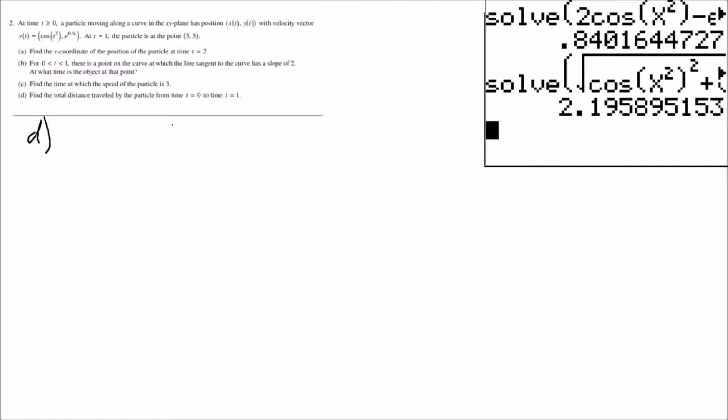So you can't just find the derivative of this and the derivative of this, and then take the integral like we did in part A. Not really. But you can take the integral of speed over the entire time.